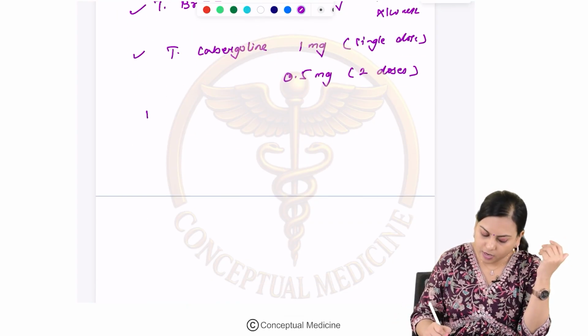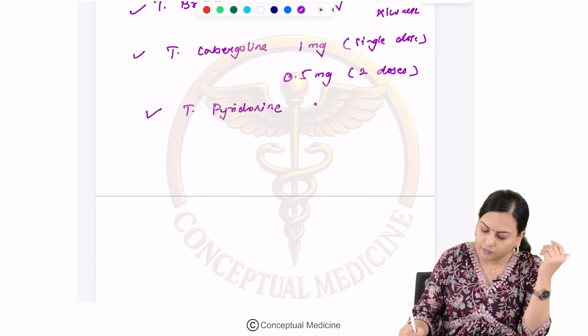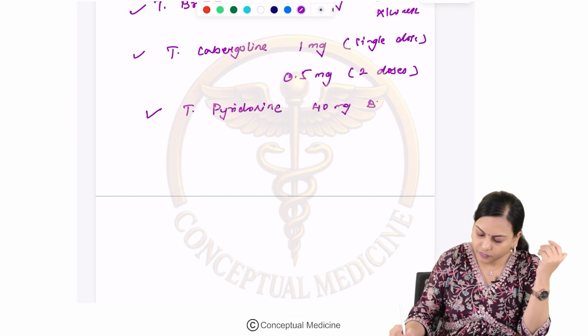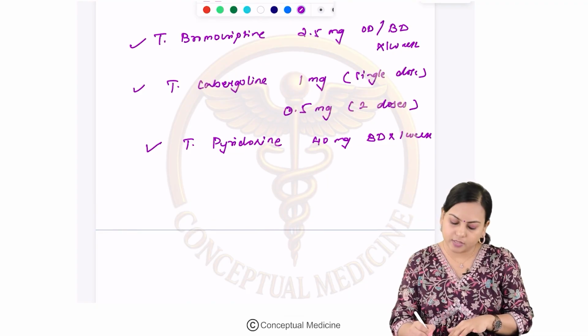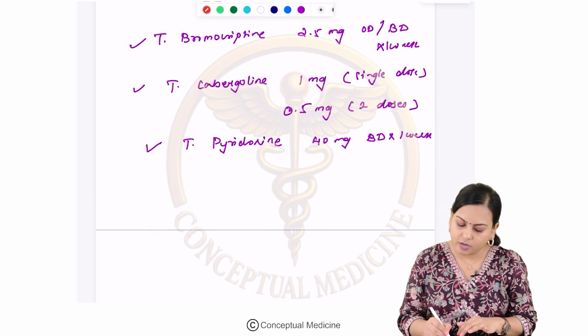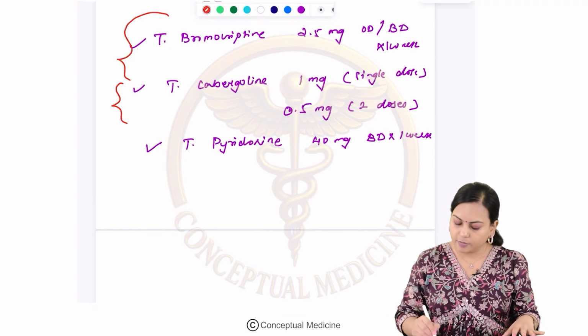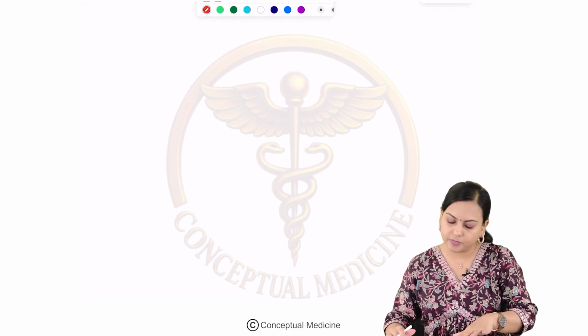Clear? And also we can try pyridoxine 40 milligram BD for 1 week. Clear? So among this, the most preferred drugs are bromocriptine and cabergoline. Pyridoxine we are not using it regularly, right?